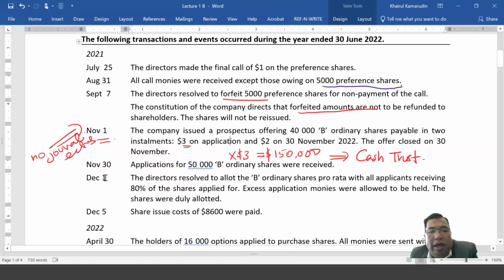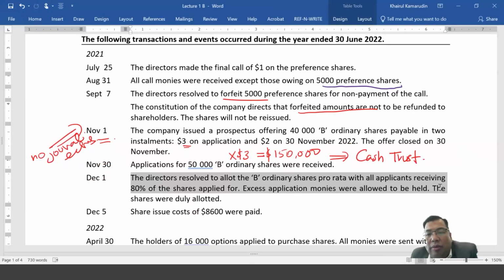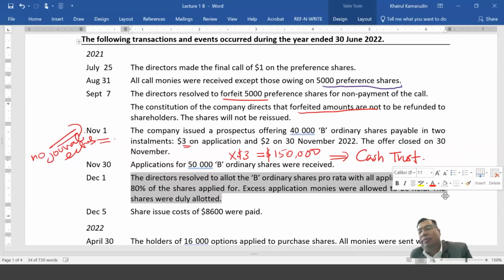Okay. On the following day, the directors resolved to allot the B ordinary shares pro rata with all applicants receiving 80% of the shares applied for. Excess application money was allowed to be held. The shares were duly allotted. What does it mean?